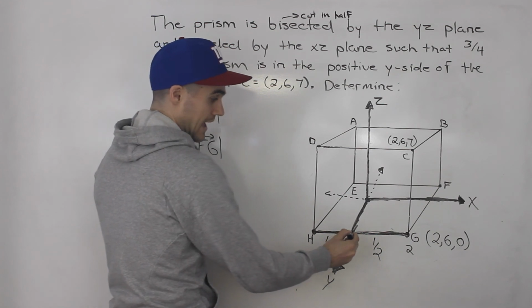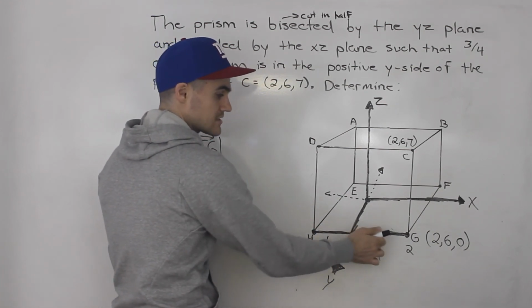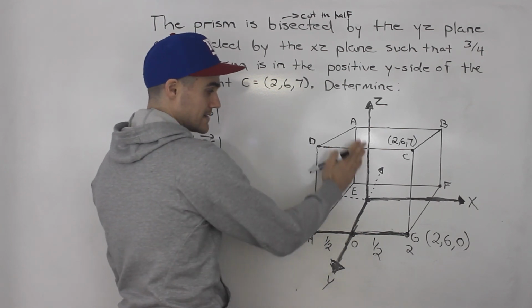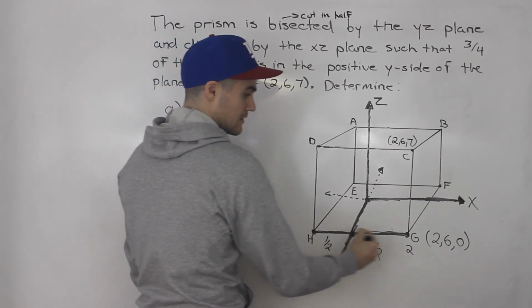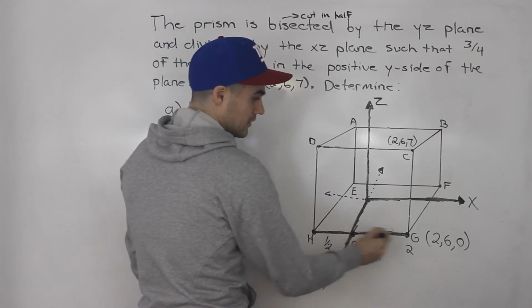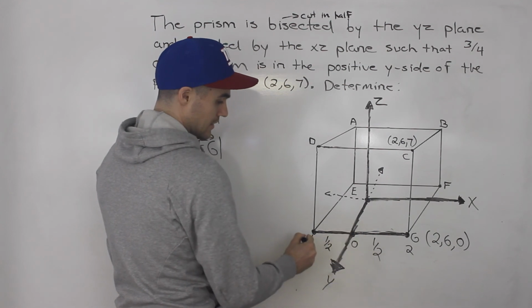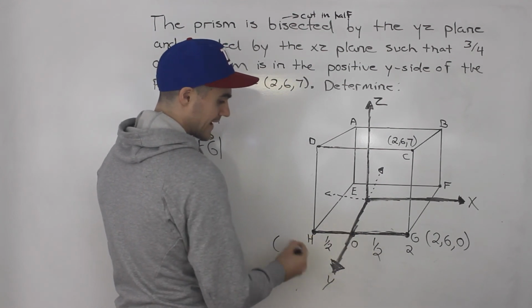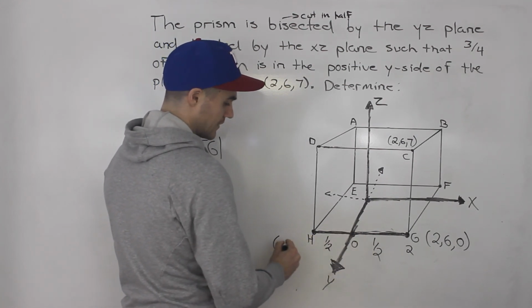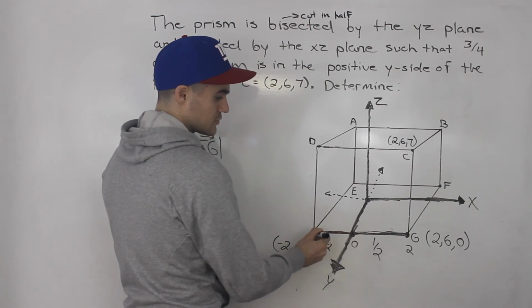So this length has to be 2 as well. Both of these lengths are going to be equal, because the YZ plane is bisecting this line. So if from here to here is a length of 2, what X value is coordinate H going to have? It's going to have an X value of -2, because the length from here to here is 2 as well.